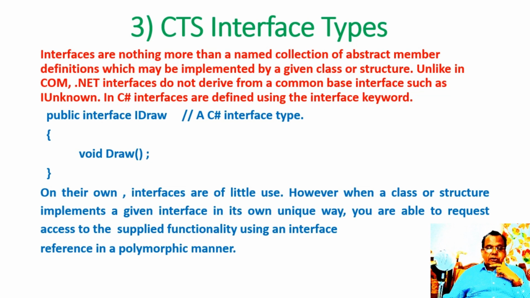Now we'll give some explanations. On their own, interfaces are of little use. Interfaces are of little use, full stop. However, when a class or structure implements a given interface in its own unique way, you are able to request access to the supplied functionality using an interface reference in a polymorphic manner.